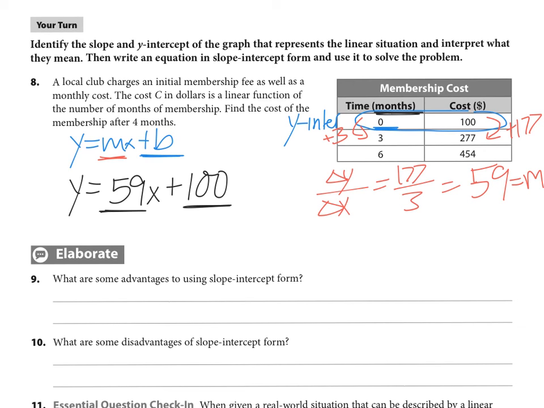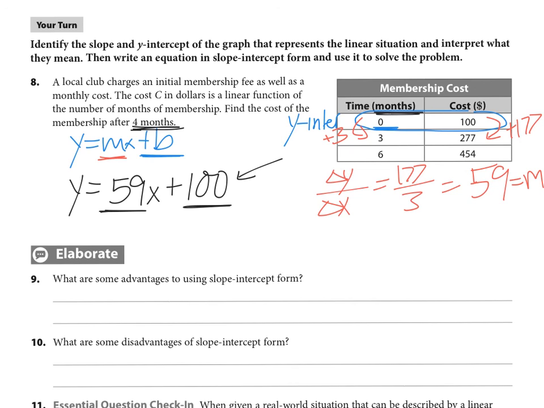Now, the question asks, what would the membership cost after 4 months? Now, how do I get that? There you go. Go to your calculator. Put the equation in the calculator: y equals 59x plus 100. Go to second window, your table set.